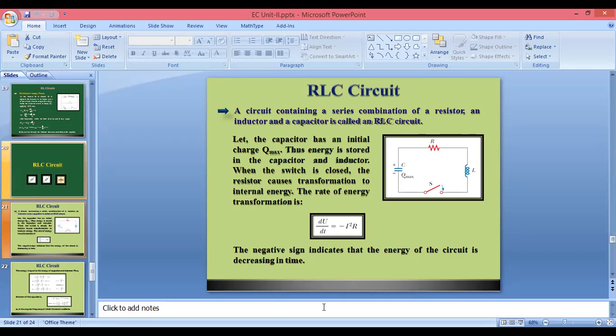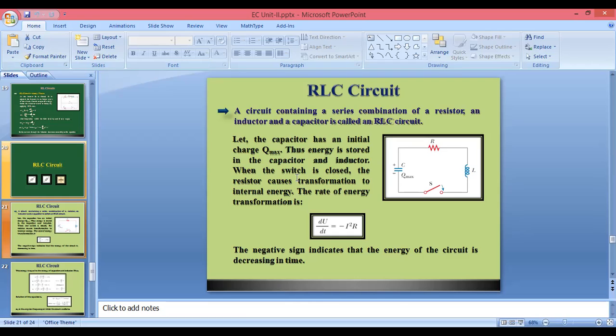So if we consider an RLC circuit in which the capacitor has initial charge Q max, then energy will be stored in the capacitor and the inductor, because when voltage is given, electromagnetic force will get induced in the inductor.